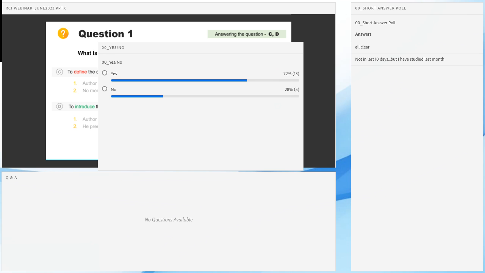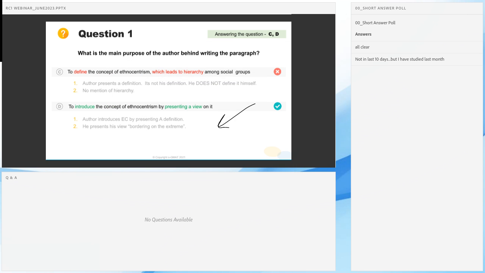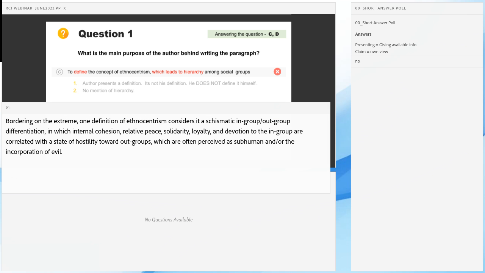That's good. Rishikesh says, from the passage, is he opposed to the definition? Does the author seem opposed to you? Here's the passage again. Bordering on the extreme, one definition. No. All the author is saying is this seems like an extreme definition.